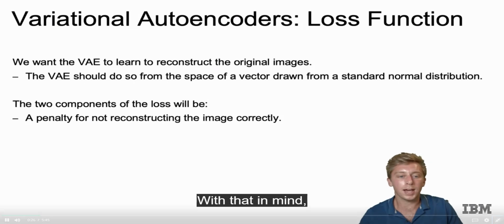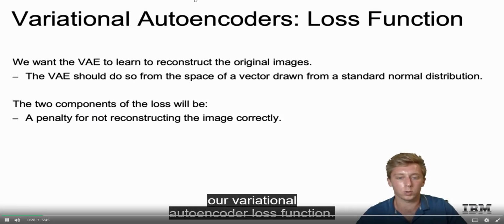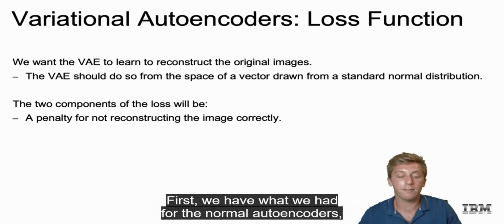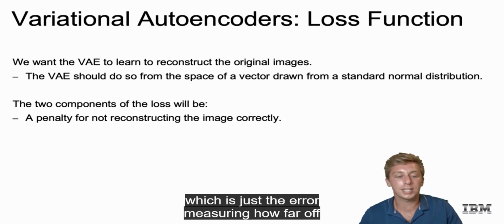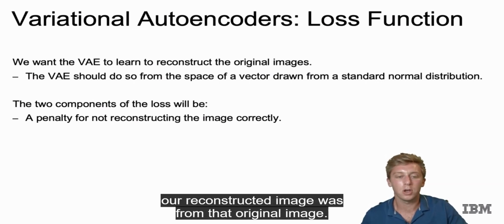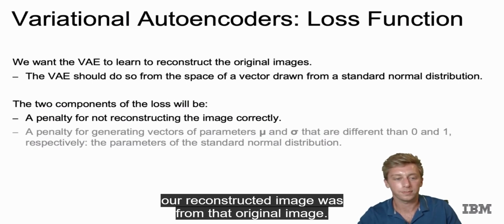And with that in mind, we're going to have two components to our variational autoencoder loss function. First, we have what we had for the normal autoencoders, which is just the error measuring how far off our reconstructed image was from that original image.